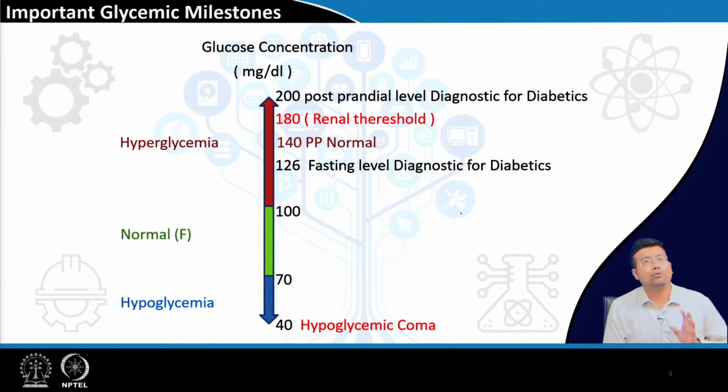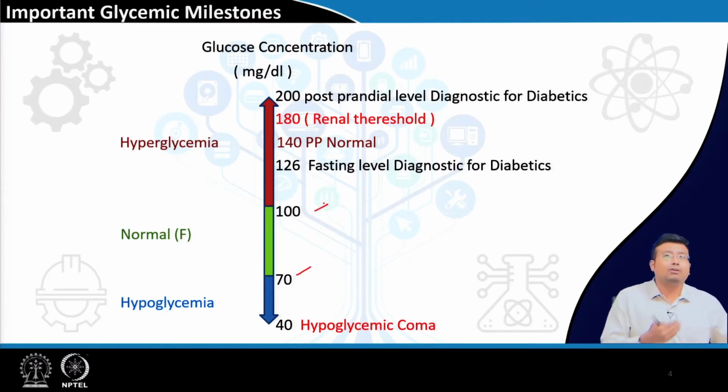So, here are a few quick values that are very important from the MCQ, multiple choice, point of view. 70 to 100 is the normal level, that is shown in green. If the blood glucose level for fasting goes above 126, according to American Diabetes Association criteria, we declare the patient to be diabetic, and if the blood glucose level goes above 200 for postprandial, we again declare the individual to be diabetic.